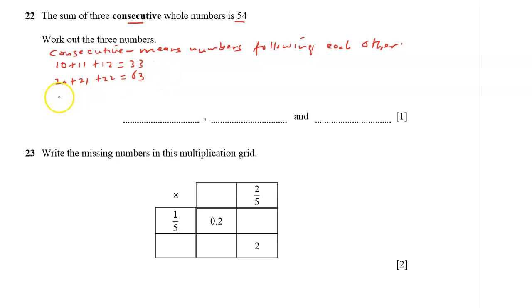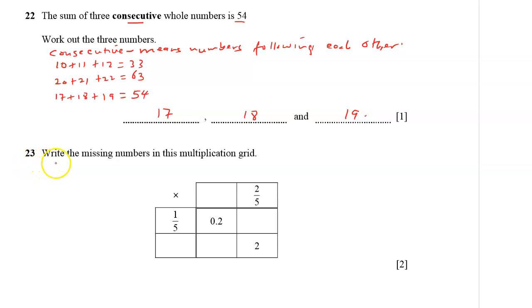So the number should be between 10 and 20. So I will take 17 plus 18 plus 19, and when you add correctly, you'll find that this is 54. So the consecutive numbers are 17, 18, and 19 right there.